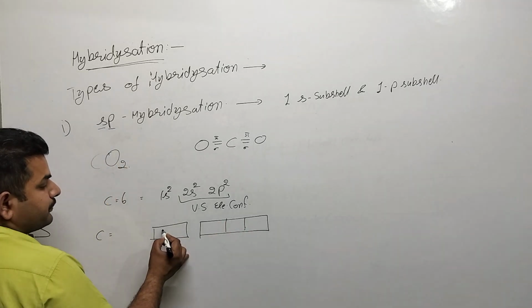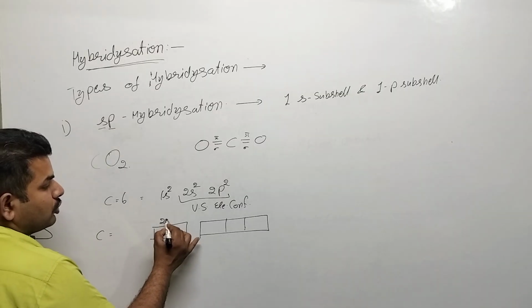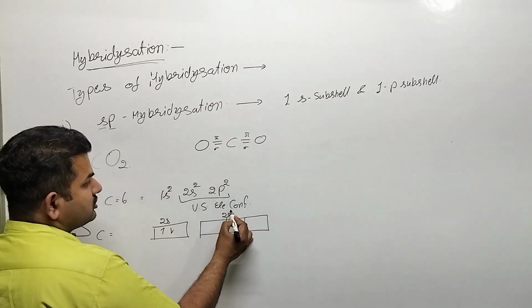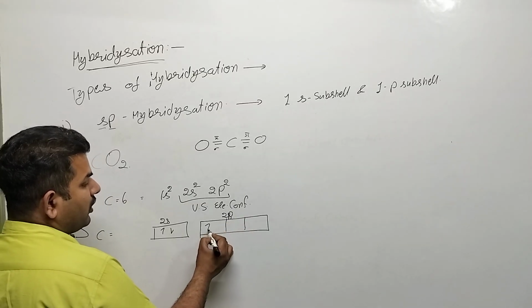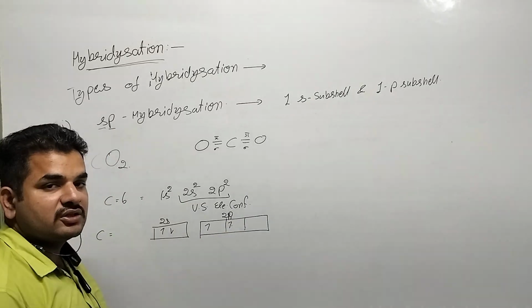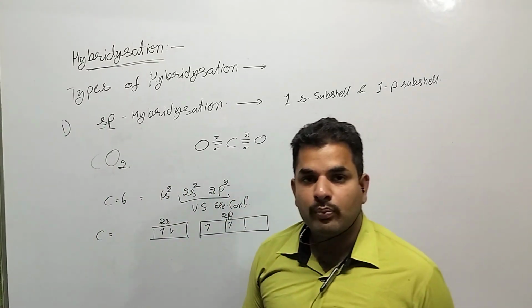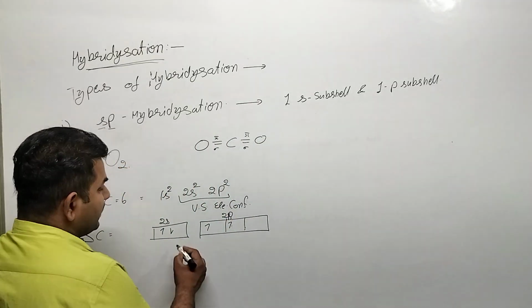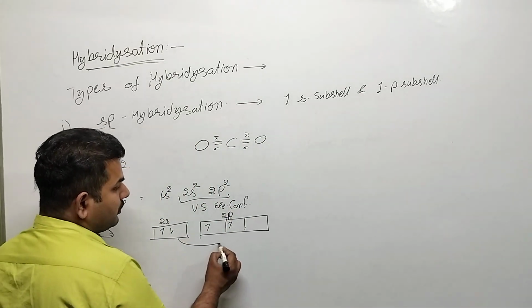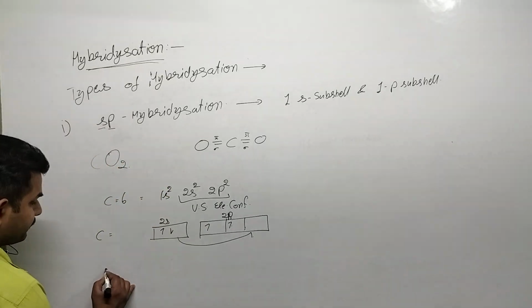Here we can see 2 electrons in the 2s orbital and 2 electrons in the 2p orbital. But carbon can form 4 bonds, that is 2 sigma and 2 pi bonds, so it requires 4 half-filled orbitals. That's why one electron of the 2s is transferred into a vacant 2p orbital.